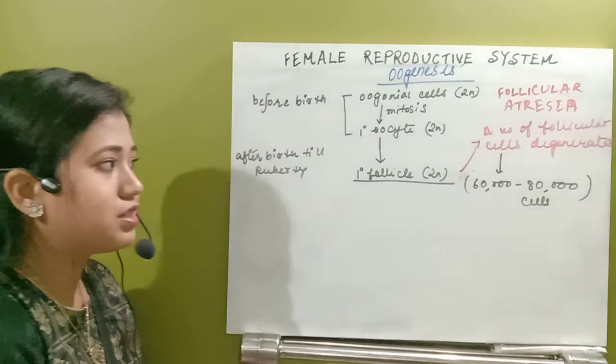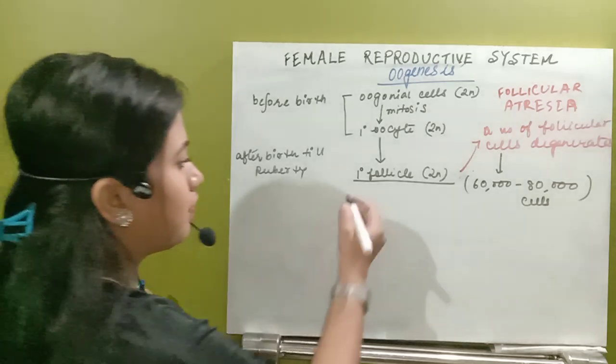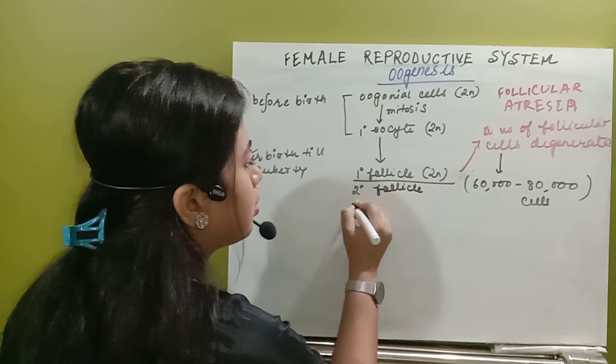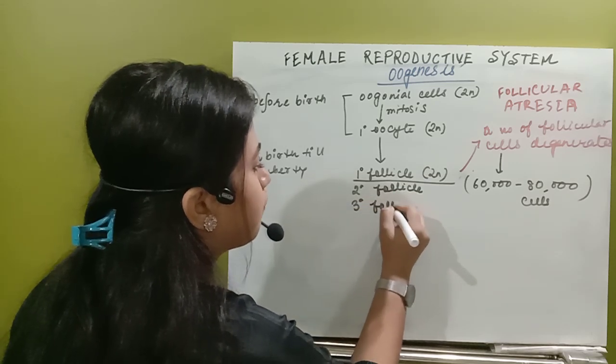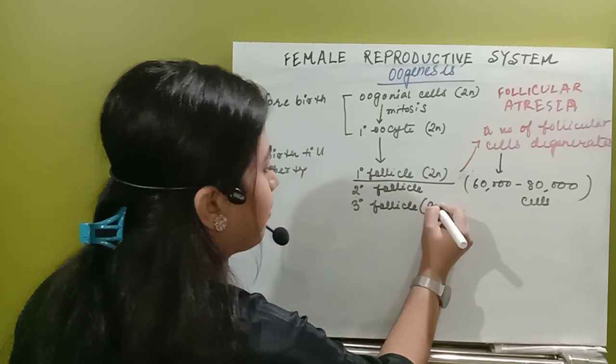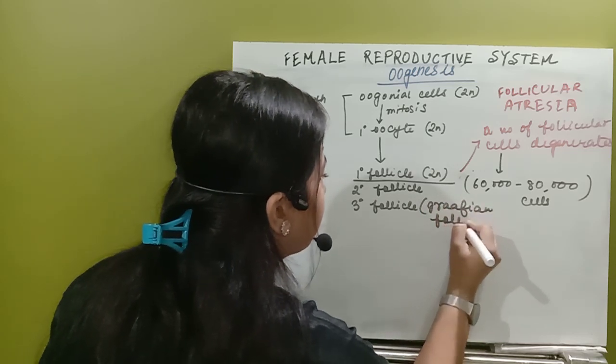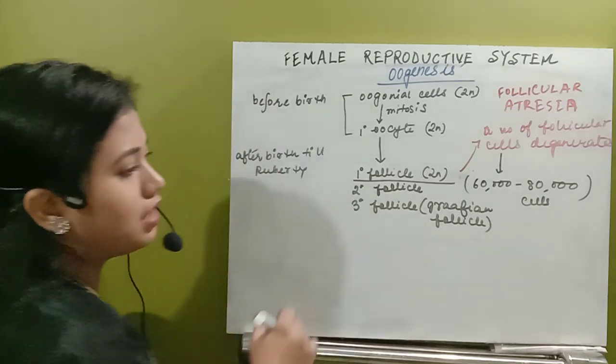So this primary follicle will develop to a secondary follicle, and this secondary follicle will mature to a tertiary follicle or the Graafian follicle. Once this Graafian follicle has been formed, then what happened?